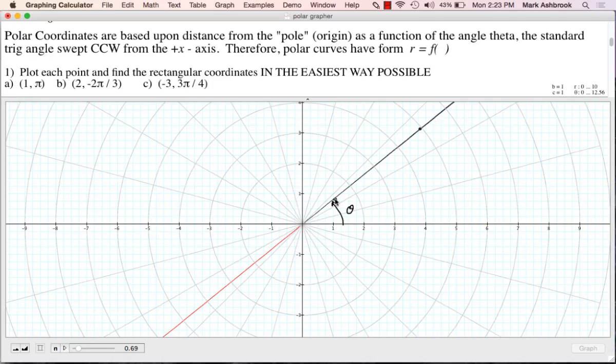The distance that you go out on this black line here then is r. So r is your distance from the pole. And so the values of those two quantities represent a unique point in the plane. Sweep an angle, pick a distance out from the pole, and you get this point r, theta.